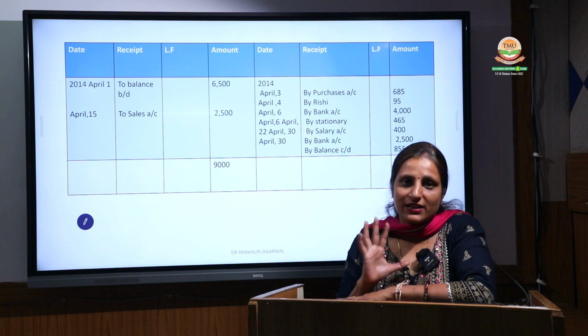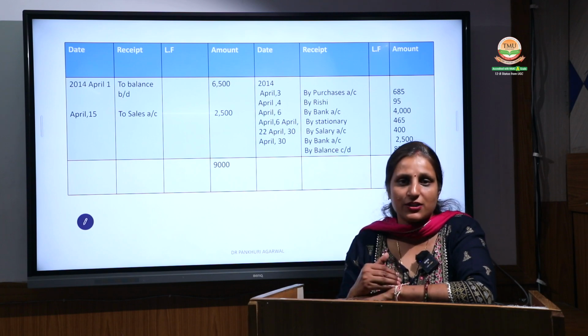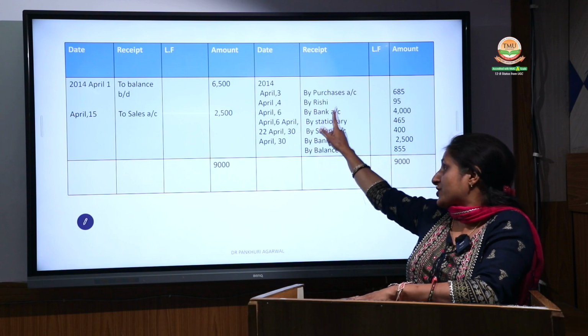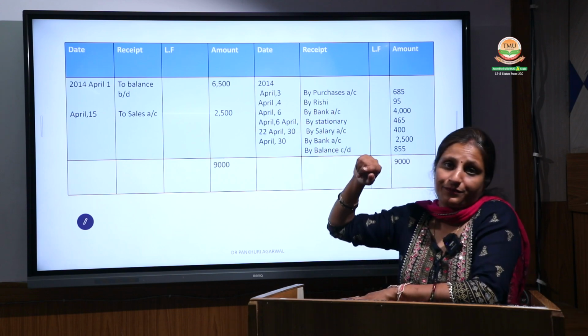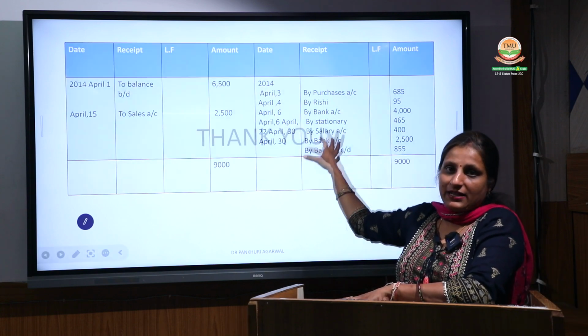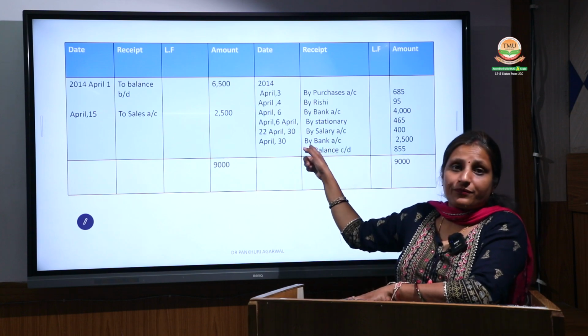Now, what is the opposite aspect? It means the aspect from where you are receiving the payment or to whom you are making the payment. This payment is to the bank, this payment is to the stationery, this payment is to the salary, this is payment to the bank. So we record all the names of the other aspect under the cash account in this way.